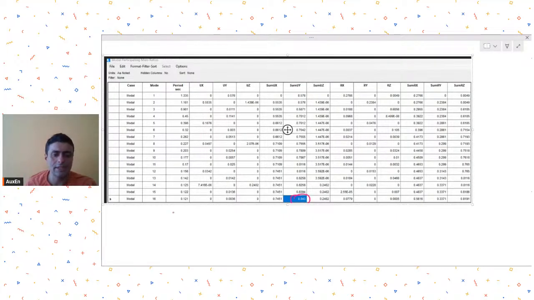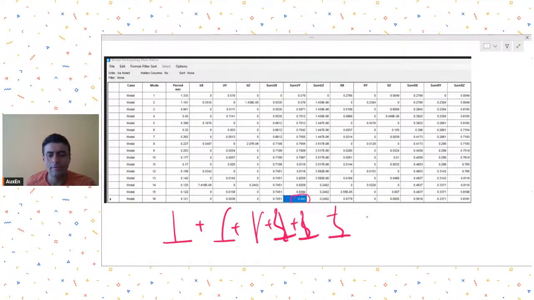The crux of this is that you are combining the results of different mode shapes with their mass participation and modal deformation criteria. So modal deformations plus the mass participating in this mode plus the mass participating in this mode, and so on and so forth, you are just combining it.